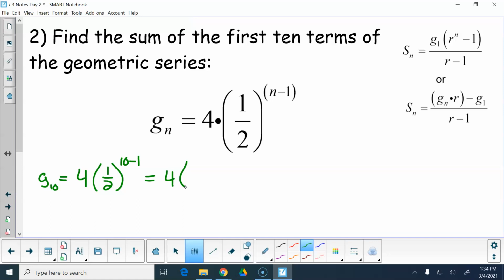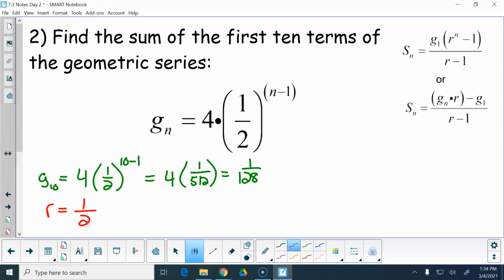2 to the 9th. I mean, somebody could have given it to me in this time, but we'll figure it out anyway. It's 512. 1 over 512. So then times 4 would be 1 over 128. Okay. My R value, what's my R value? Half, yep.